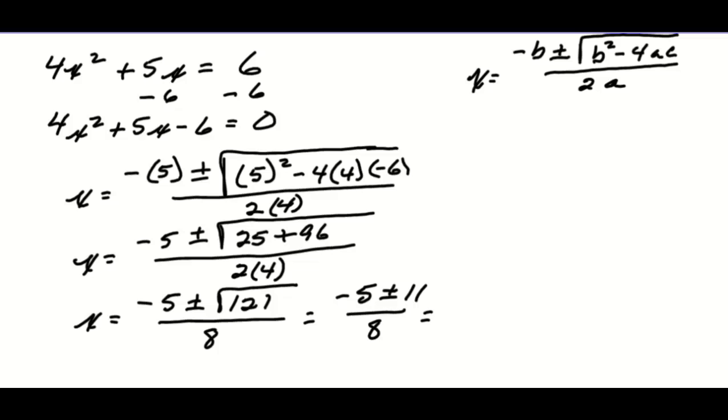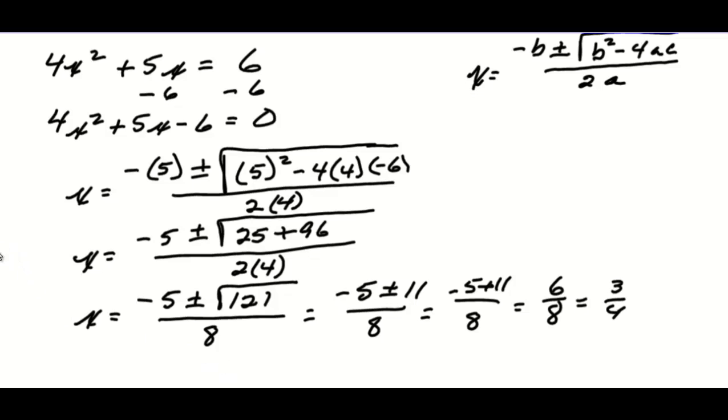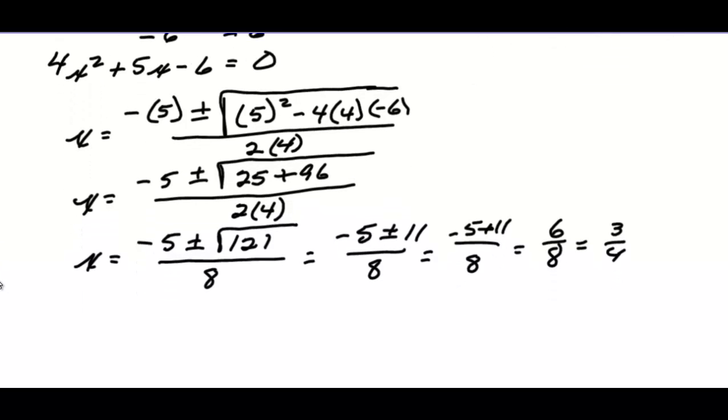If we did minus 5 plus 11 over 8, we would have 6 over 8, which is equal to 3/4. If we take minus 5 minus 11 over 8, we would get minus 16 over 8, and that becomes -2. So our answers happen to be -2 and 3/4.